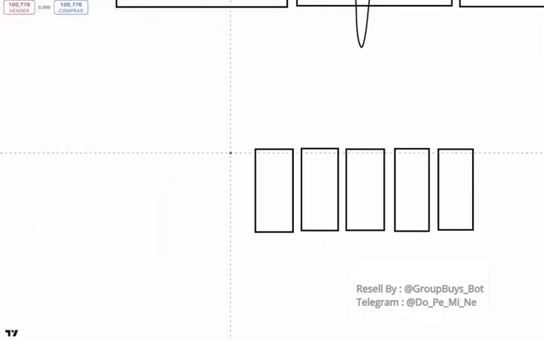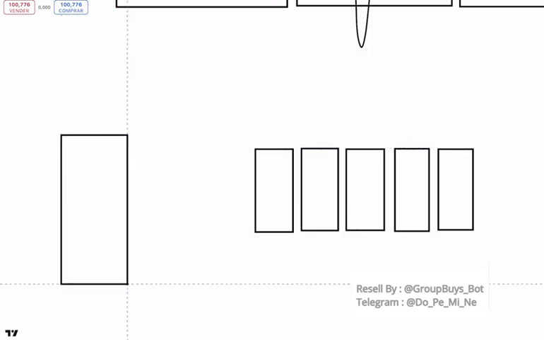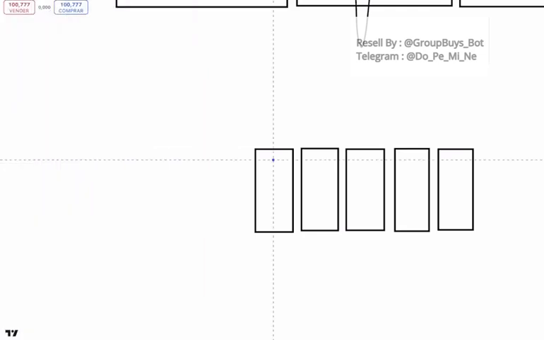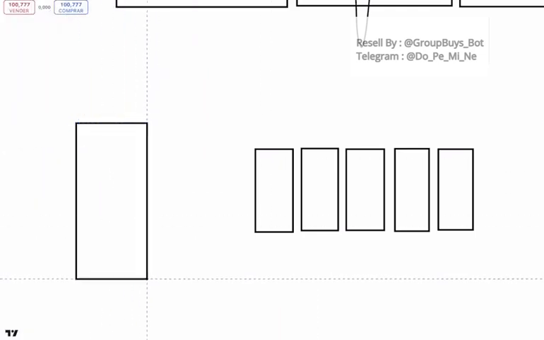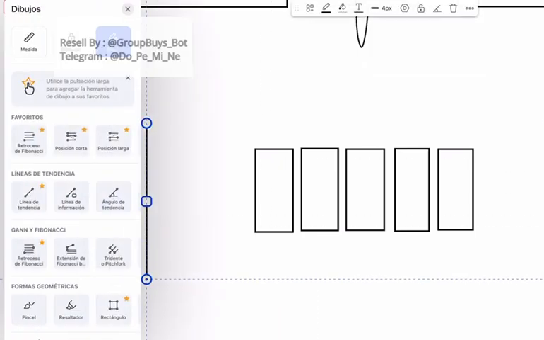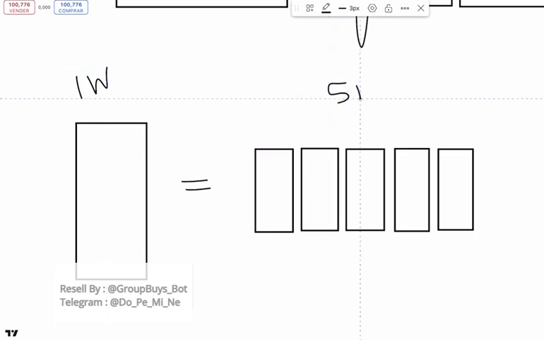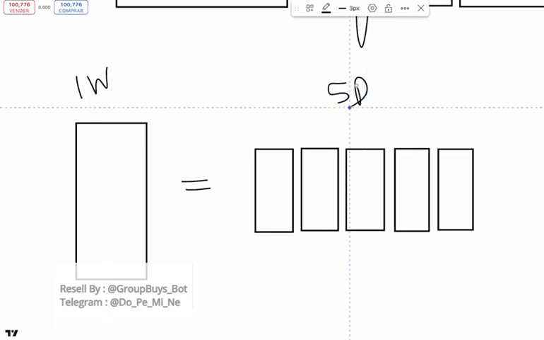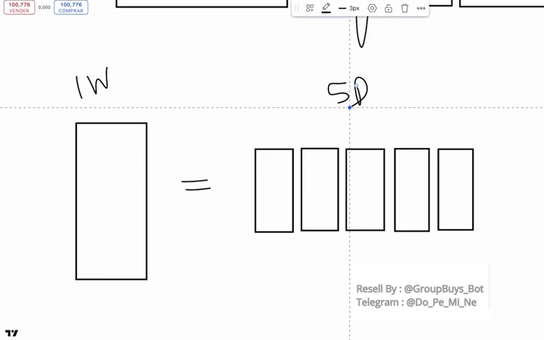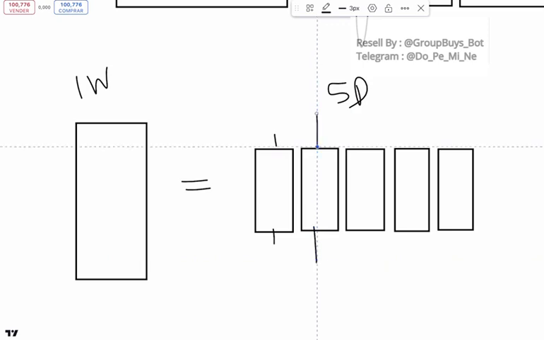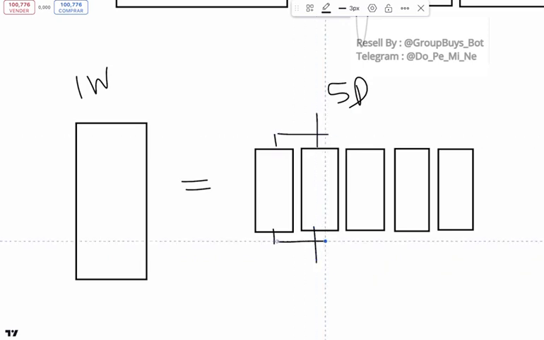This is one weekly candle, which is 5 daily candles, all right? You're looking to find a CRT within these 5 daily candles.